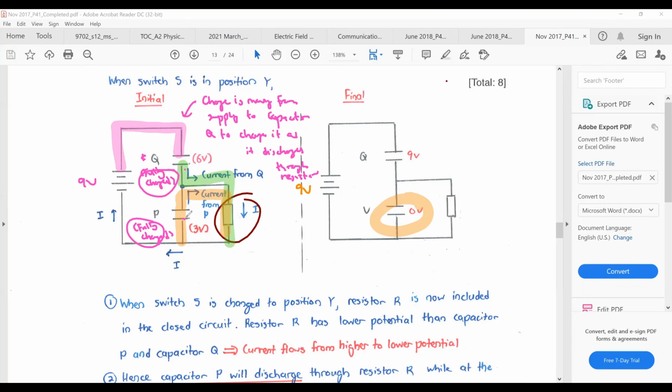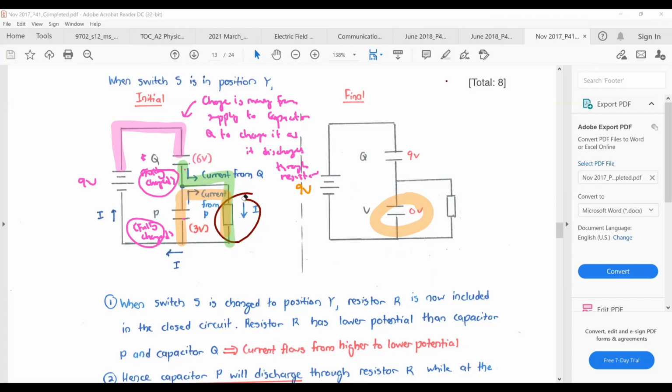The charge from your battery will not go into the other one, because there your charges are moving out in this direction. So the charge from your supply will only go to capacitor Q. It cannot go into capacitor P, because you're discharging in the opposite direction.